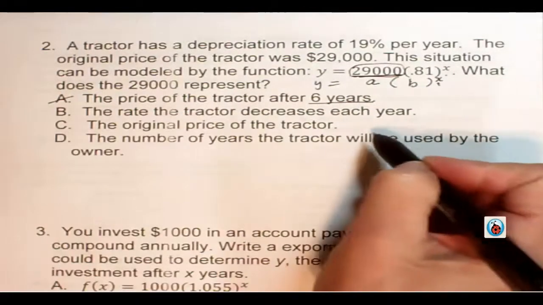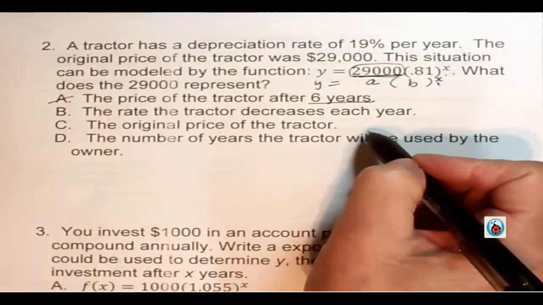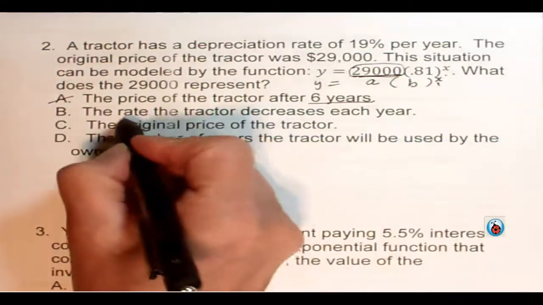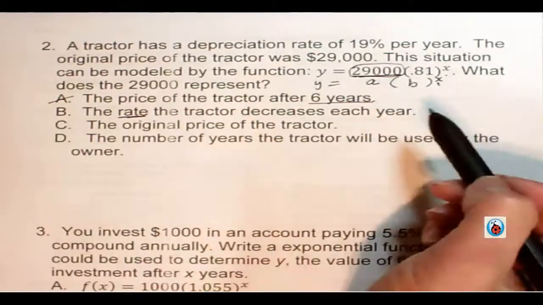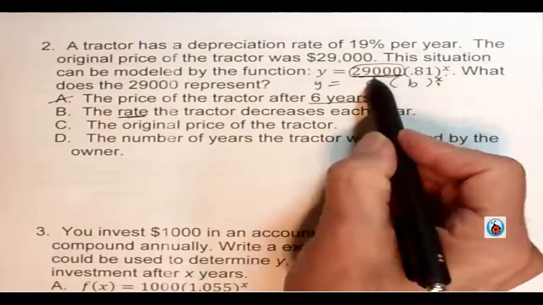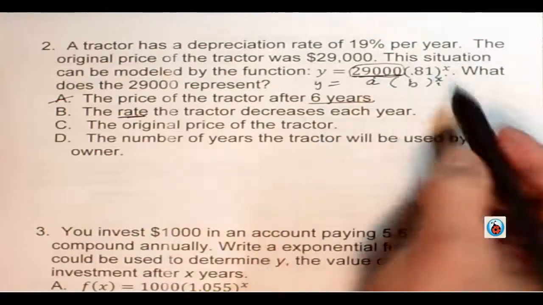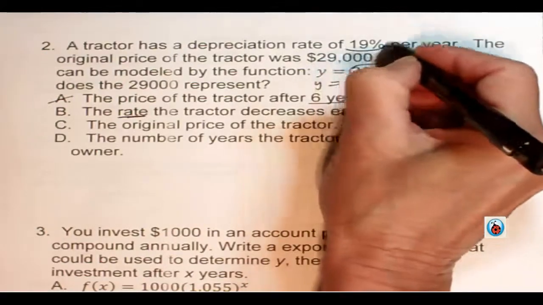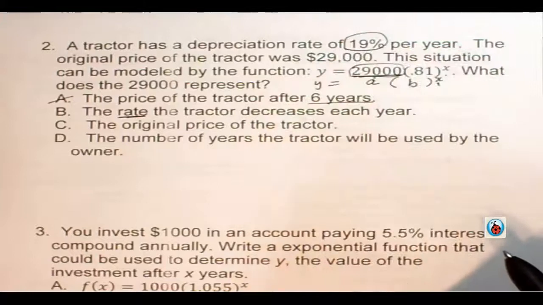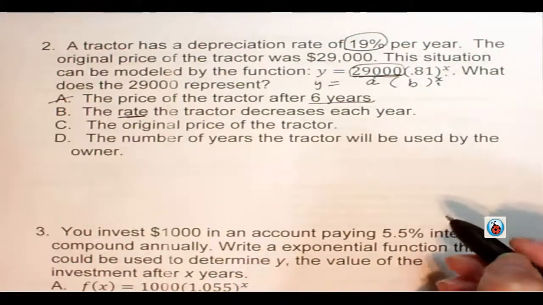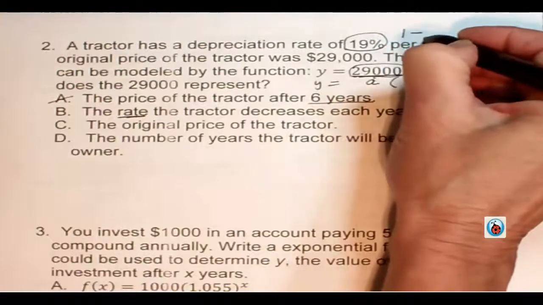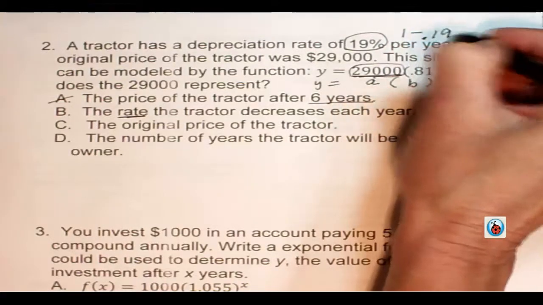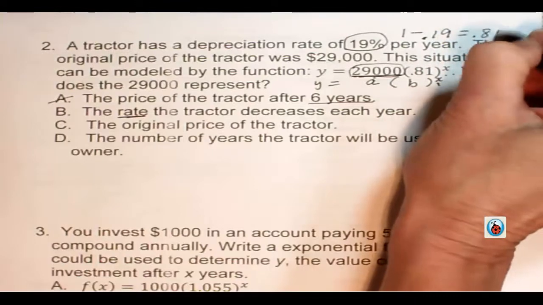The rate of the tractor decreases each year. All right. Is this the rate that the tractor decreases? 29,000. No, remember it decreases at 19%. Right? So if you were looking at that, you would do 1 minus 0.19, which gives me my 0.81.